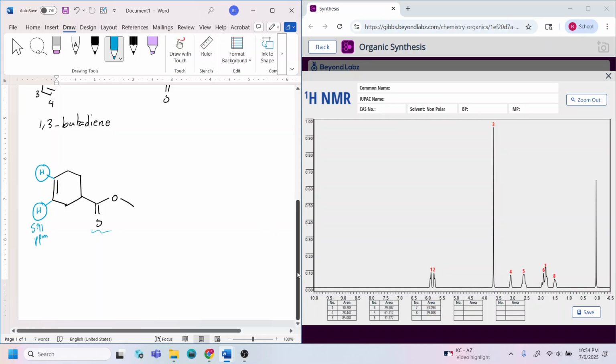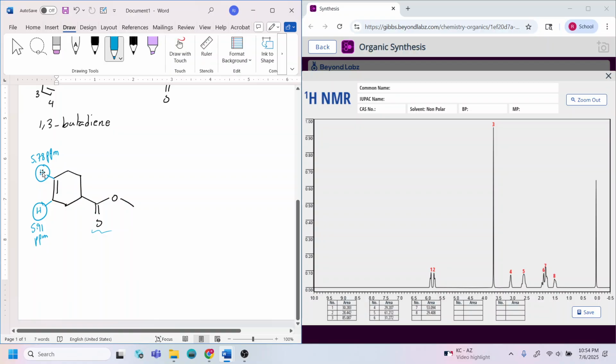And the other one, we said it is around 5.78 parts per million. These two are the hydrogens for the alkene, and each one of them has one hydrogen, okay? So each one of them has one hydrogen.